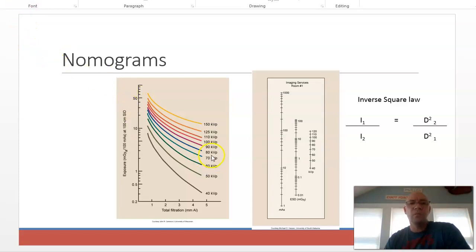All right, so this first nomogram. In order to use this nomogram, you need to know how much filtration your x-ray tube has. Now, if you're using a diagnostic x-ray tube, you have to have at least 2.5 millimeters of aluminum equivalent. So let's start with that. Total filtration, millimeters of aluminum. If we start right here where my mouse is, we need to know how much kVp we're using.